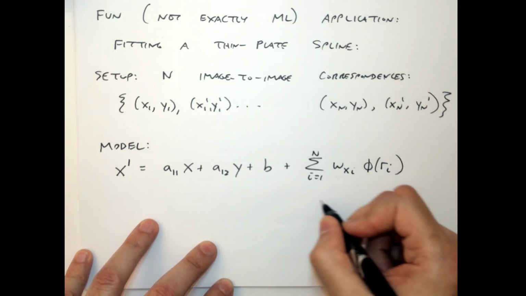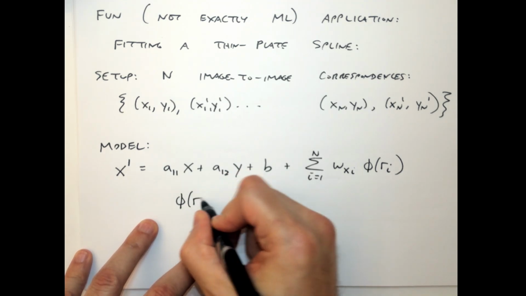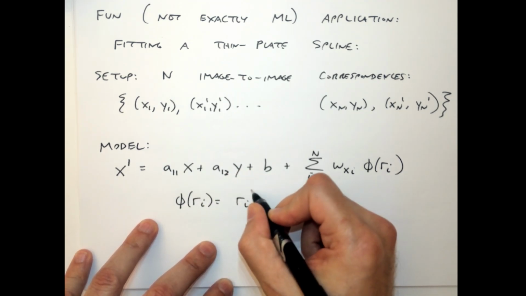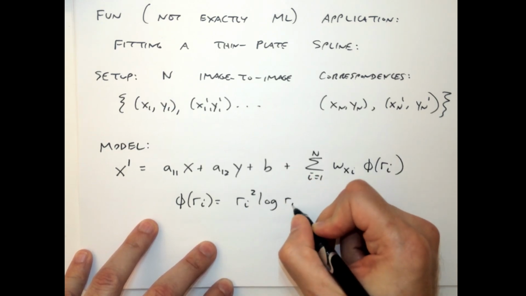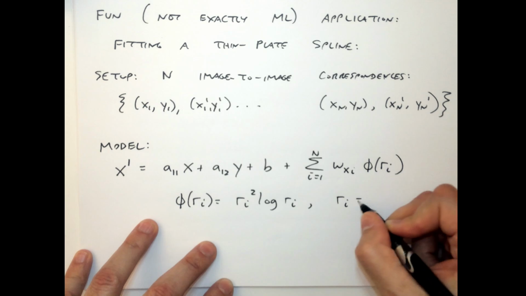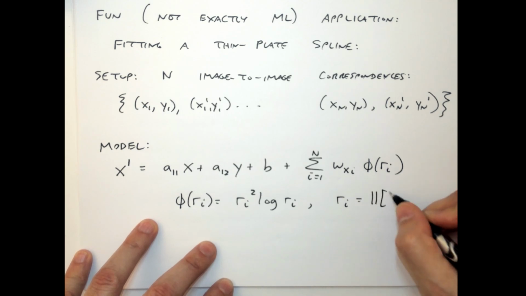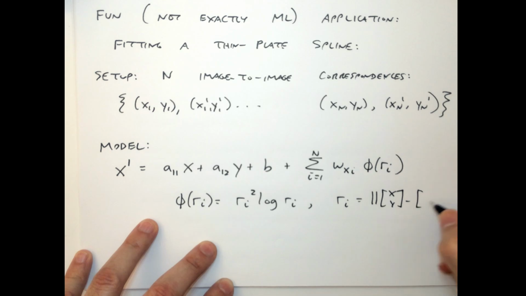Here, this phi is based on the radius, which is the distance between a point and point i. So again, don't worry about this. This is definitely off the beaten path, right?